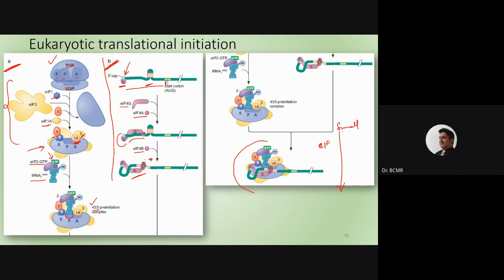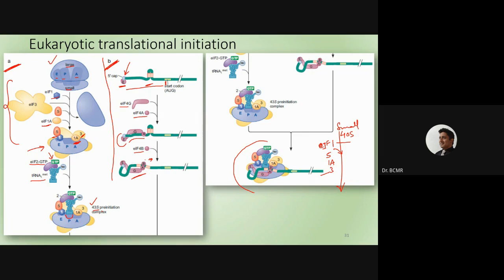If I'm writing, I can just put 40S, then eIF1, then what else is coming: eIF5, 1A, and 3. We know the functions of each of them, if not all. At least eIF1A occupying the A site, eIF3 preventing the association of the 60S subunit to the 40S, and eIF5, and so on, which will bind to the E site.